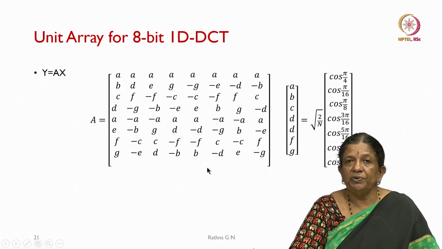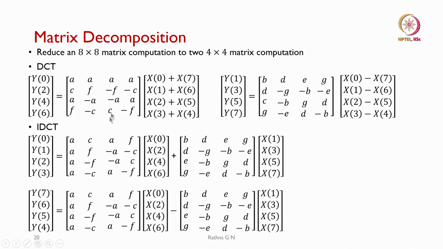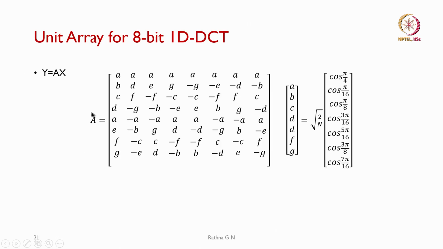How are you going to do that? So, if you are putting the 8-point 1D DCT in this format, that is y is equal to our matrix A into x, the matrix with the coefficients we have discussed in the previous one, that is ACF and then BDEG.